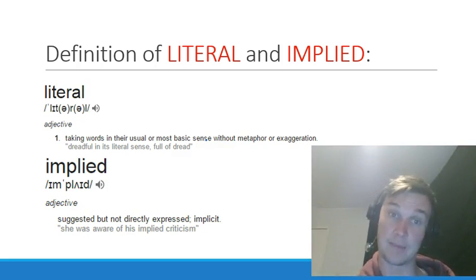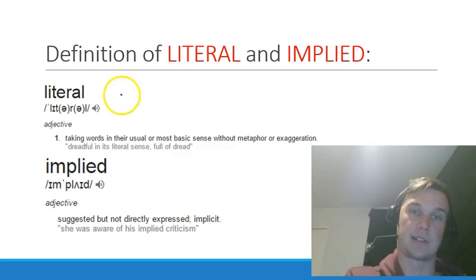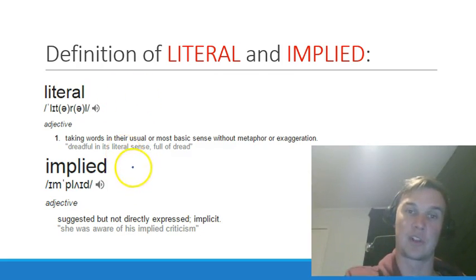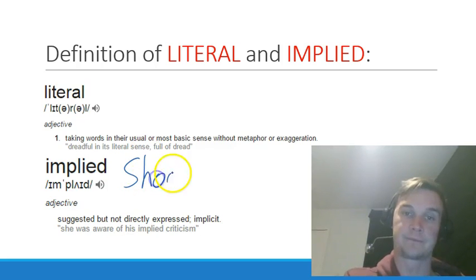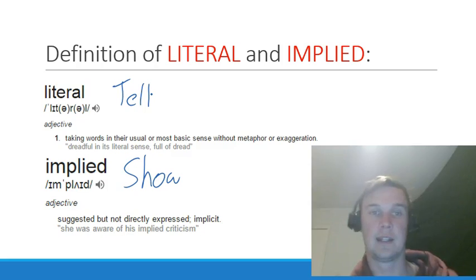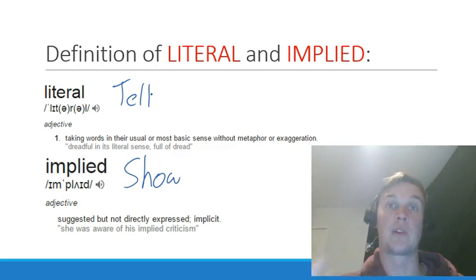So implied meaning gives us that suggested but not directly expressed. Okay, so the way I like to refer to these, and you've probably heard me say this a lot, is that implied is you show, whereas literal is you tell. Okay, if something's dreadful, show me what it means.